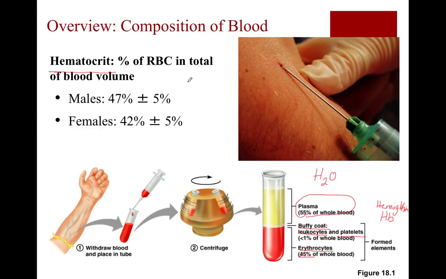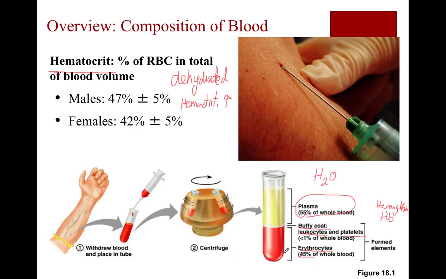Now a couple of points to keep in mind. When a person is dehydrated, it means they have lost fluid. Hematocrit percentage will increase because now you have more red blood cells in relation to the plasma, because some of the water has been evaporated.